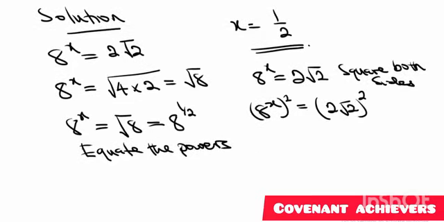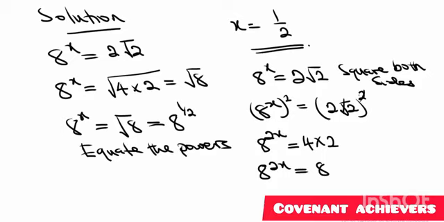And from there, this is going to be 8 raised to the power 2x. And this one is equal to, these two will affect the 2 outside the square root. That will be 4. And it will remove the square root. That's times 2. So here you have 8 raised to the power 2x equals 8.